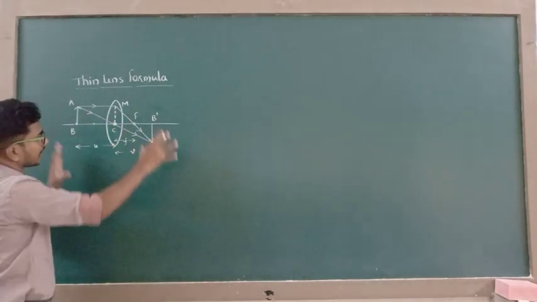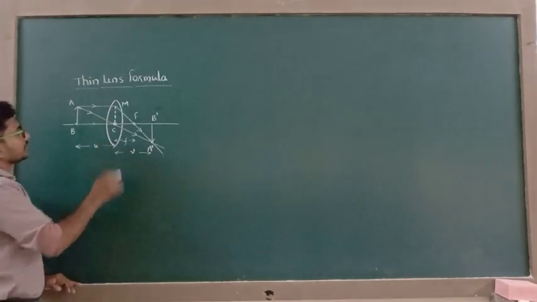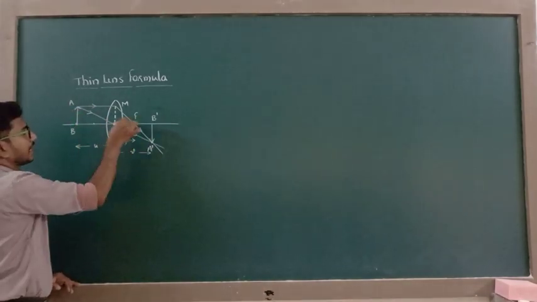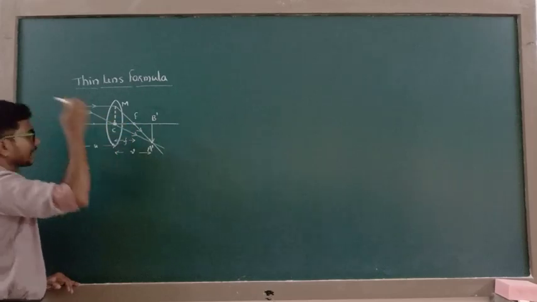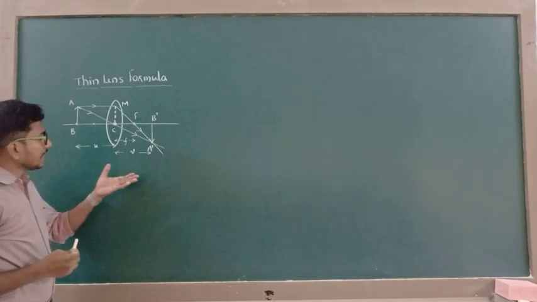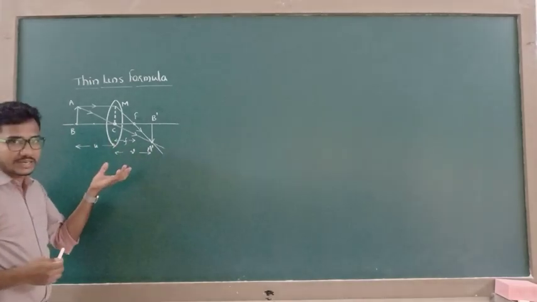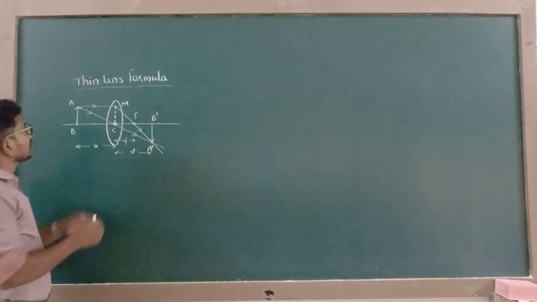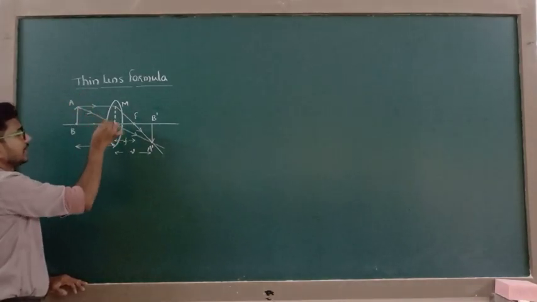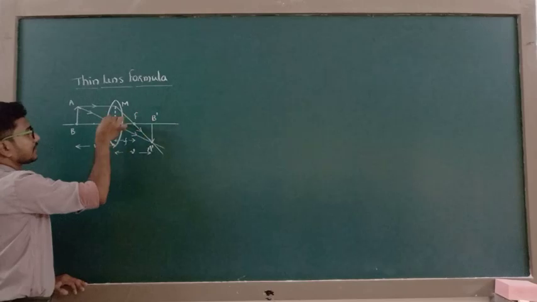Now from this ray diagram, you just observe triangle ABC and A dash B dash C. These two triangles are similar triangles. Simply we can write a brief explanation about this diagram, and the next is by considering these two triangles ABC and A dash B dash C.